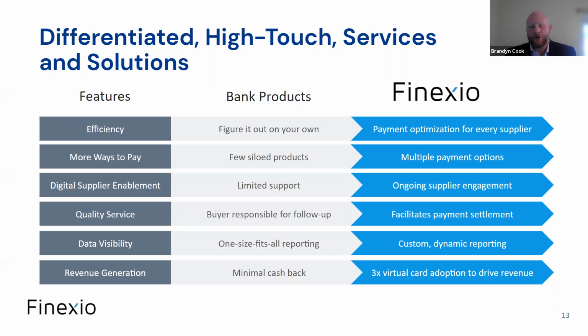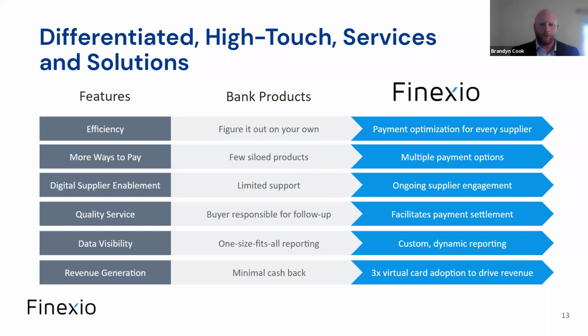But with Finexio, it's really like going to that high-end restaurant where we have access to the best ingredients, and their experienced chefs will perfectly cater the meal you're looking for and deliver it to you with the white glove service you expect. So this is really one of the things that's been missing from payments and what has made us so successful. Banks are going to sell you a product, but after that, you're really going to work for them.